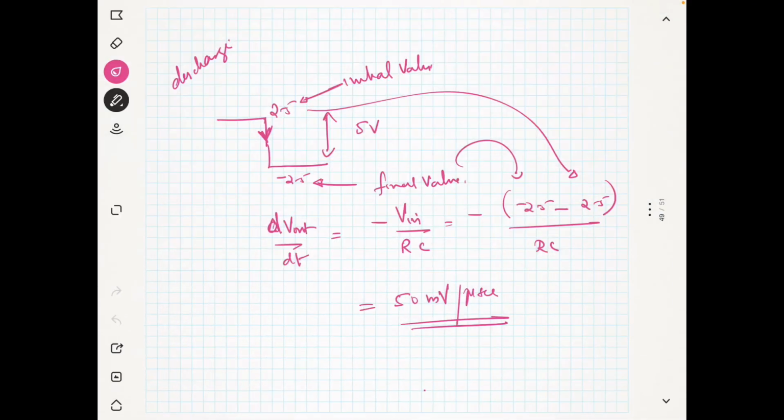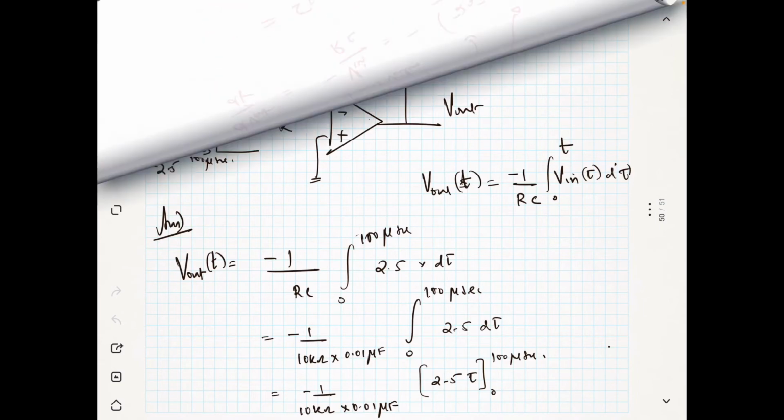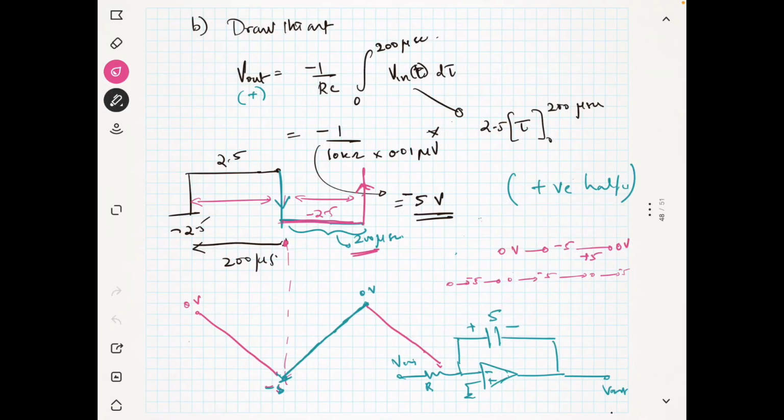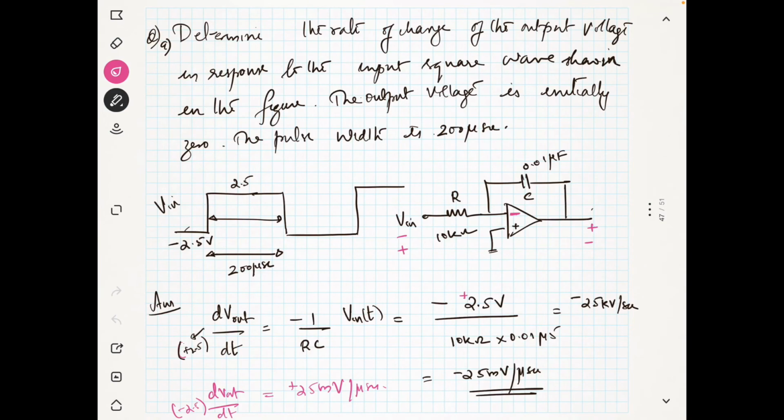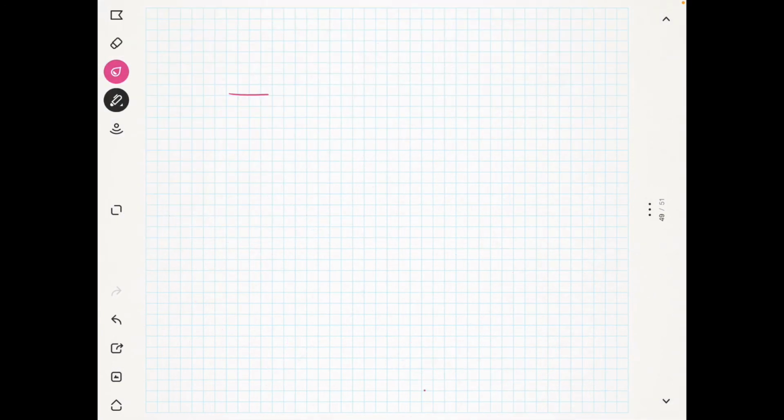So what is your input? I will just draw it here. My input was from minus 2.5, it is going to plus 2.5.